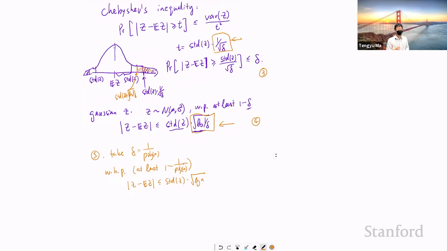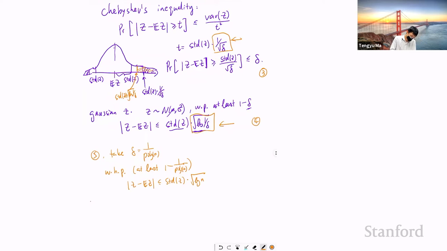So basically, you only lose a log factor if you want to make the probability very high. If you want a high probability event, you only have to multiply the standard deviation by square root of log n, and then the rest of the probability becomes very small.